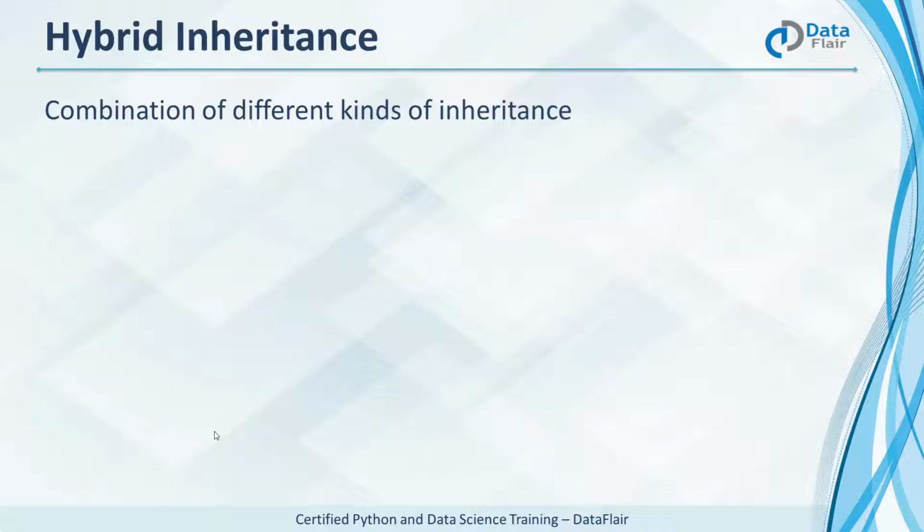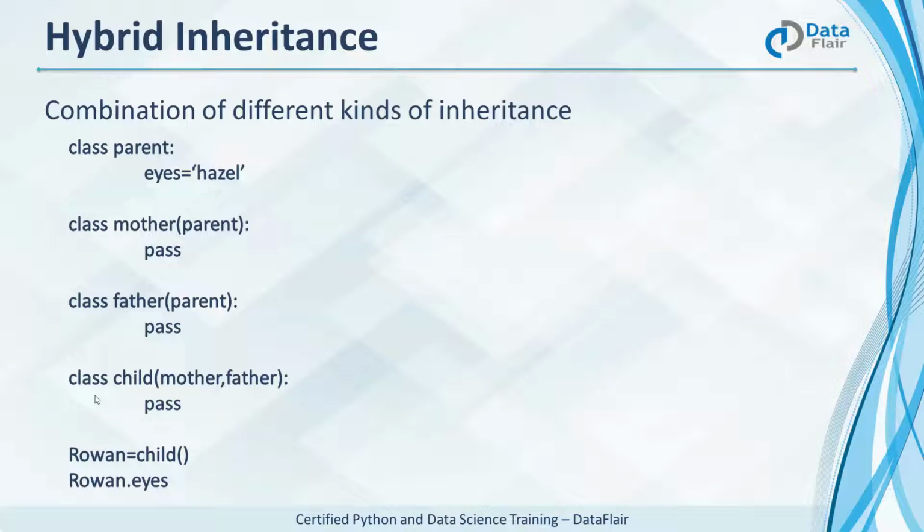Any combination of more than one type of inheritance can be called hybrid inheritance. The child inherits from the mother and the father, and they inherit from the class parent. They are both parents. And a parent always has hazel eyes apparently. Rowan is the child.